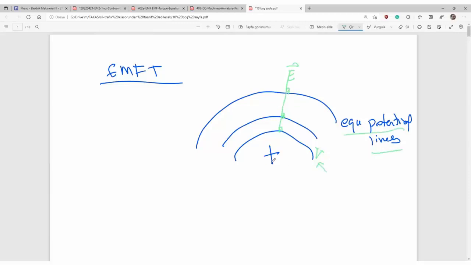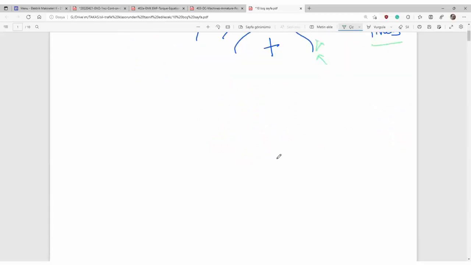Okay, a similar action can be defined for the magnetic field. Let's say here are the MMF lines in the pole, and here is the rotor.